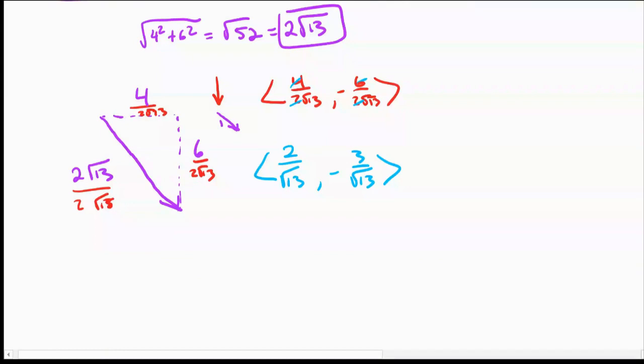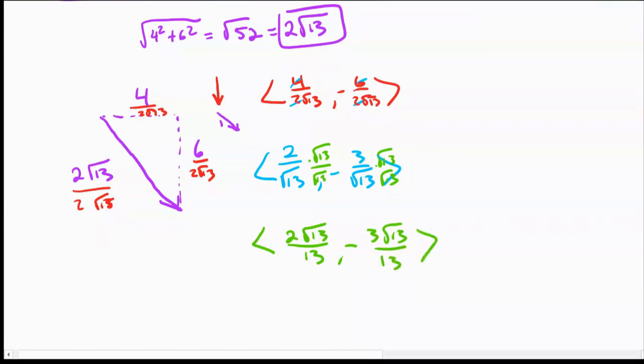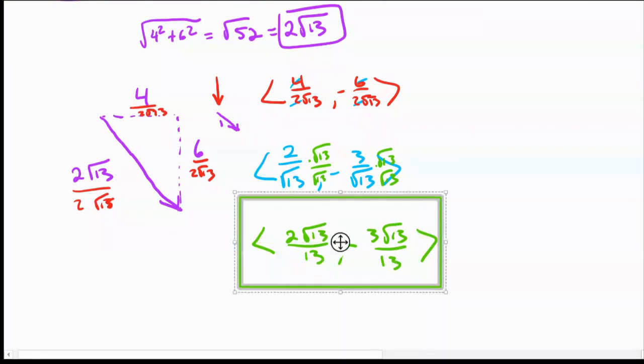And I don't want a square root in the denominator, so I'm multiplying the top and the bottom of these by root 13 to get my final vector components of the unit vector. Just make sure not to leave out that negative in my second component because I'm going down still.